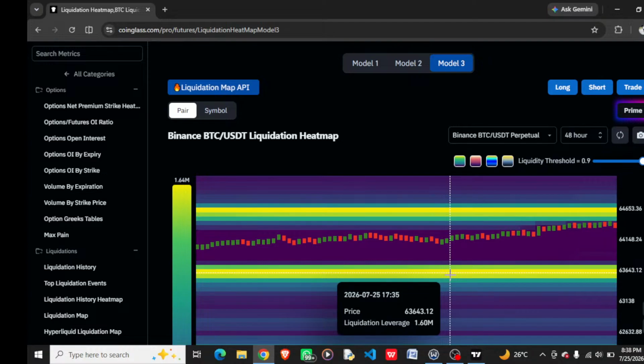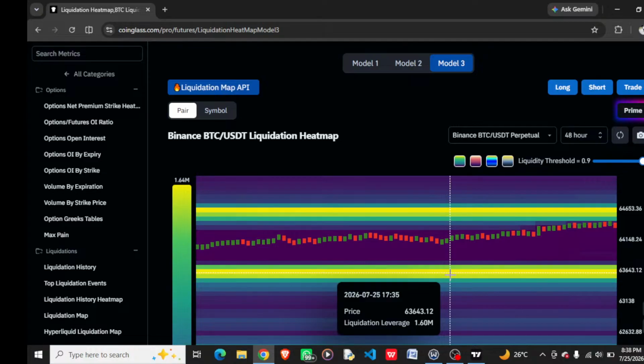When you calculate those values together, that should be around 2, almost 3 million US dollars. So the possibility of Bitcoin going there to take those people out is very clear.